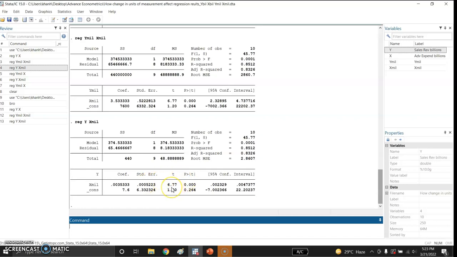However, t values are still the same. F statistic, its p value, R squared, and adjusted R square are also the same.